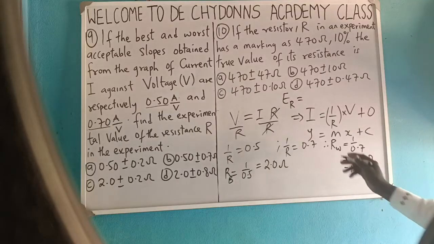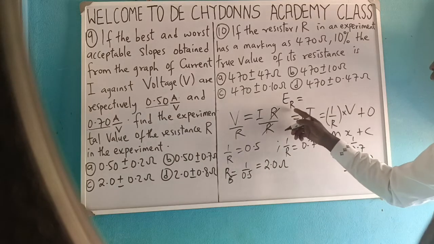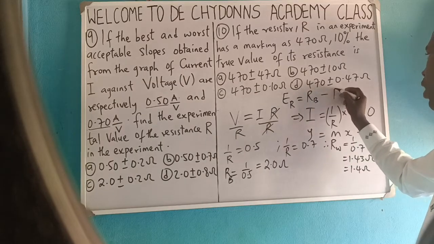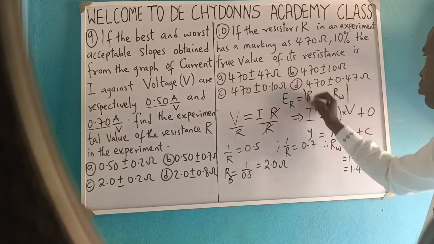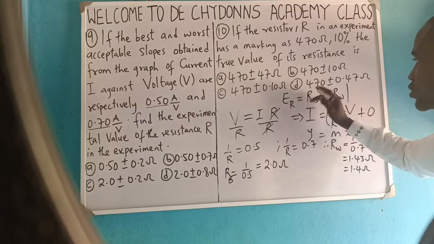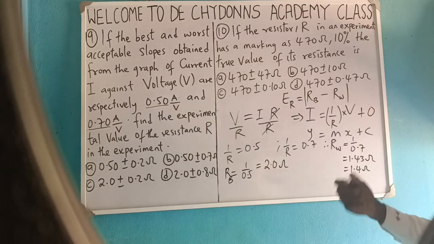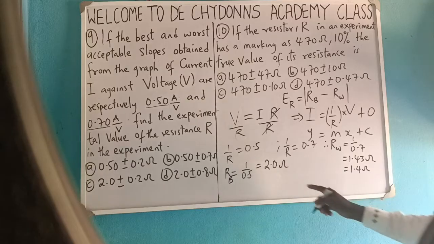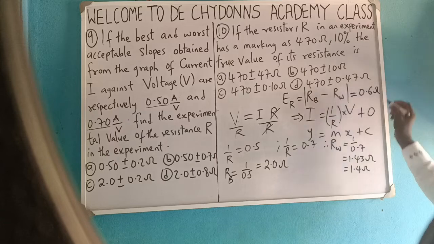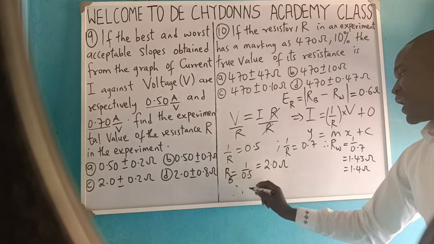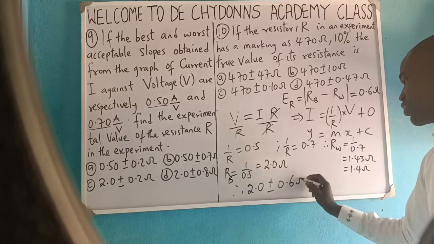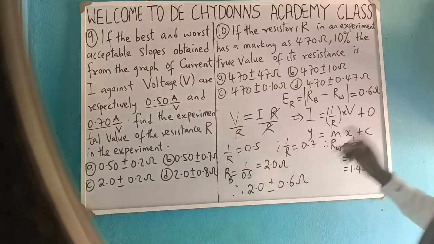Because we got this from slopes, we will say the error is the best one minus the worst one, and we take the modulus of it in case it is negative. So 2.0 minus 1.4 will give you 0.6 ohms. That means our final answer will be 2.0 plus or minus 0.6 ohms. Okay, that is the answer.